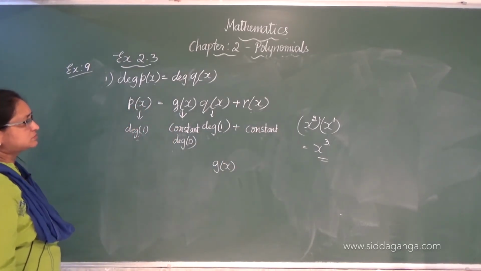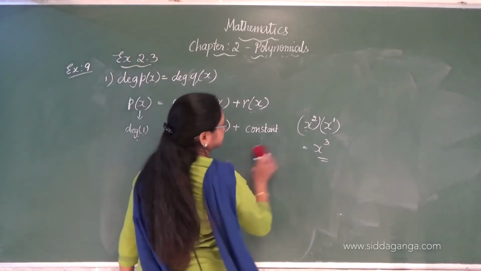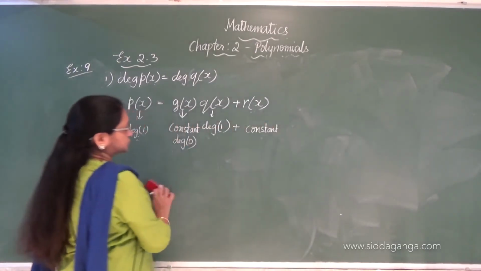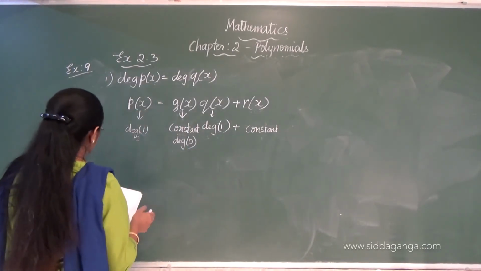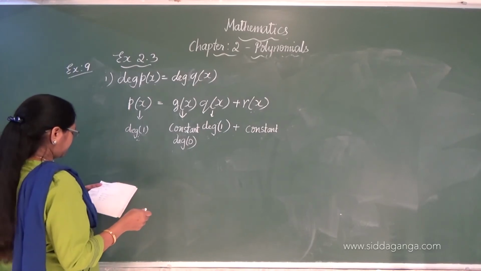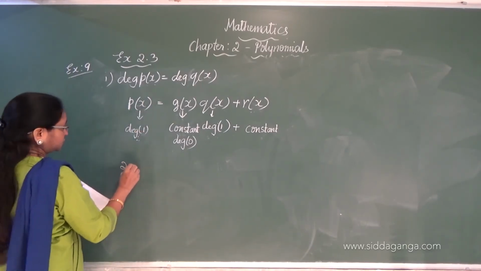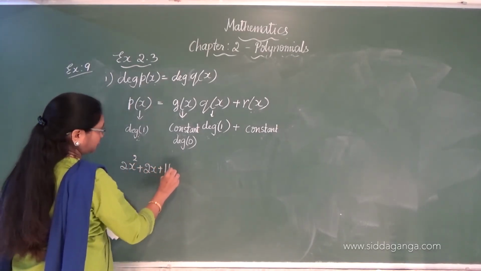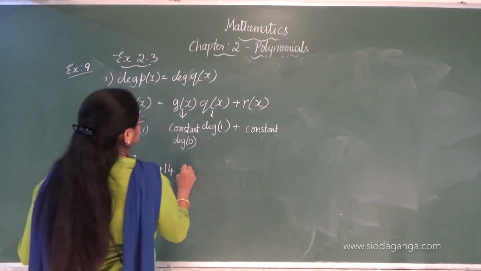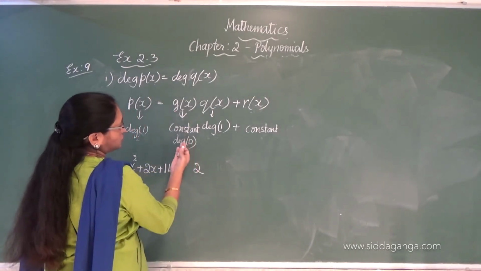So now I'll give one example of this. This is the first one. Let me take p(x) as 2x square plus 2x plus 14. Then g(x), let me take a constant, because here I told you constant.